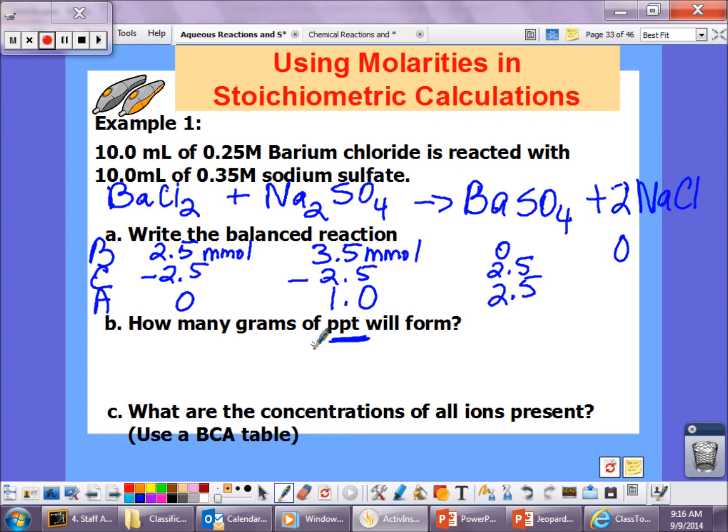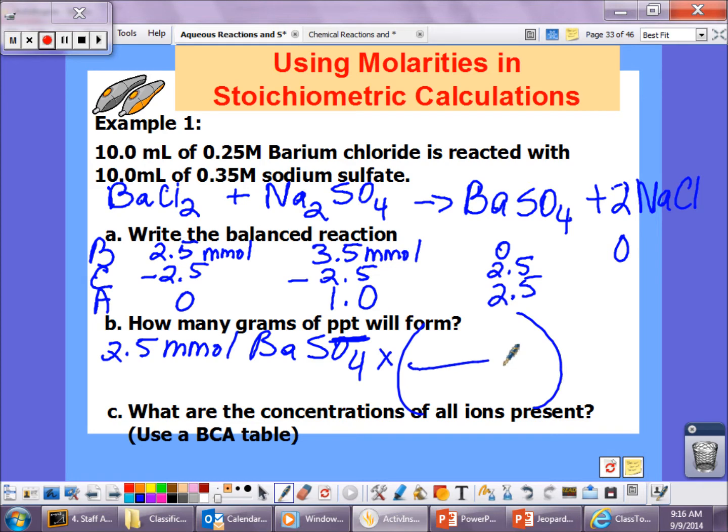So all I have to do is take 2.5 millimoles of barium sulfate. If someone can find the molar mass of barium sulfate for me, please. BaSO4, and I use a conversion factor. I need grams.